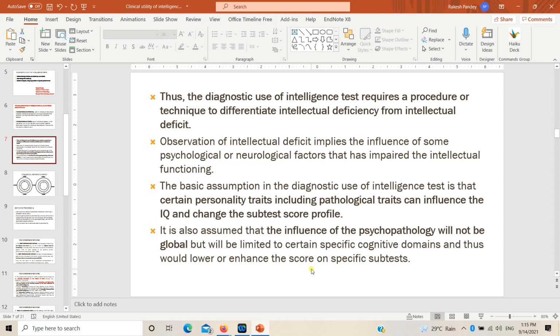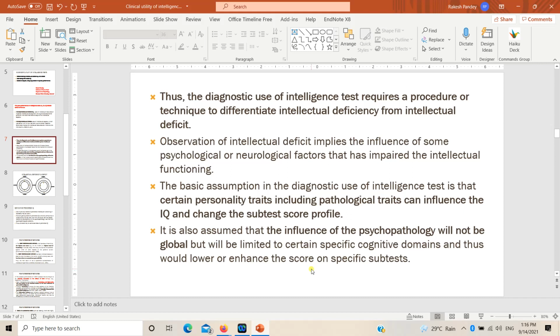You will recall from the previous class that when a low score on intelligence test performance is because of personality traits, pathological traits, or neurological damage, the influence of such factors will not be global.